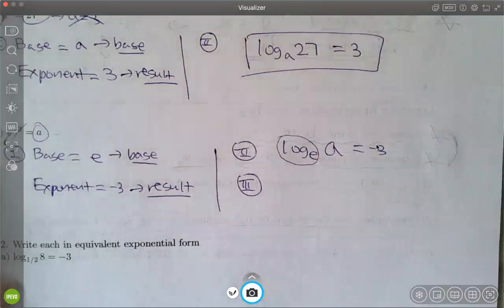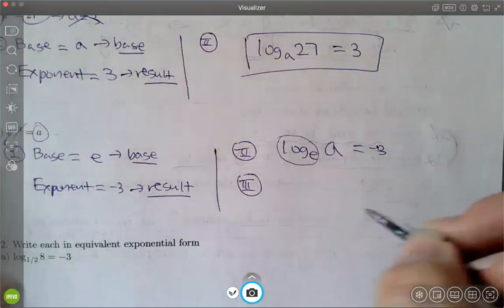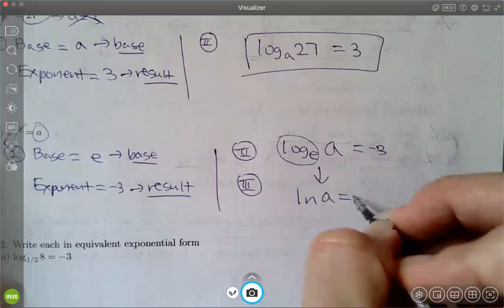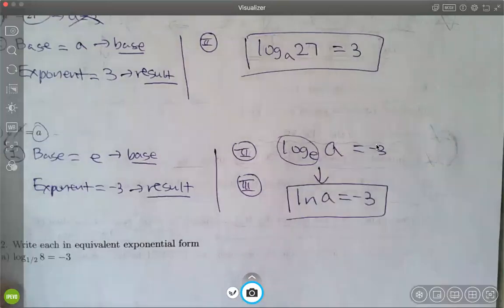ln, right? Okay, so this is the natural log. So we must rewrite this into ln A is equal to negative 3. Now, the common mistake that people make is writing this subscript e below ln. Is this right?